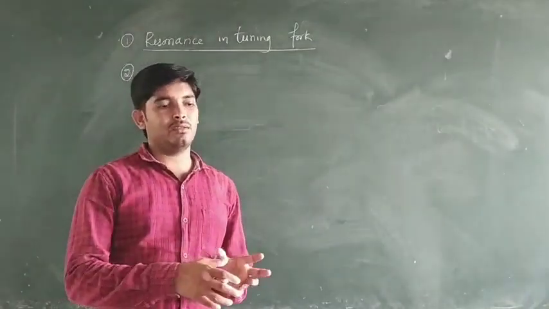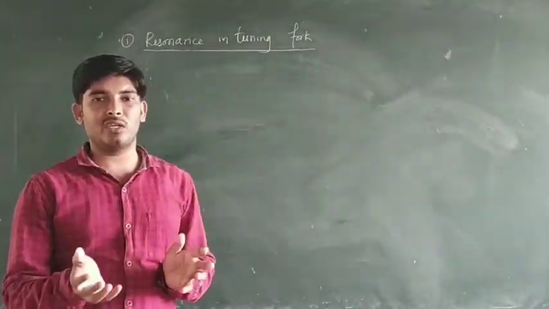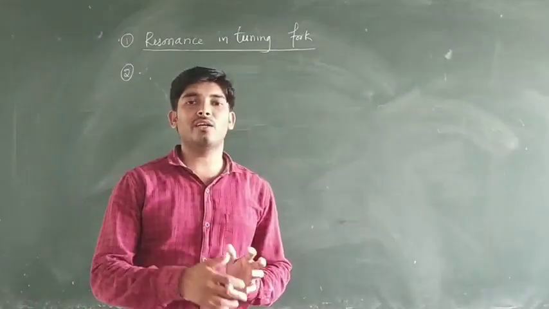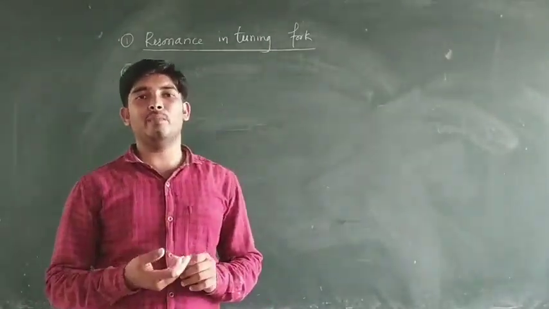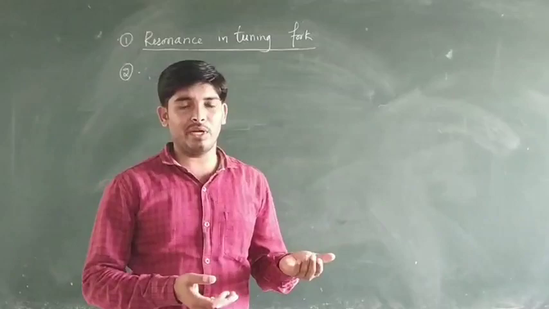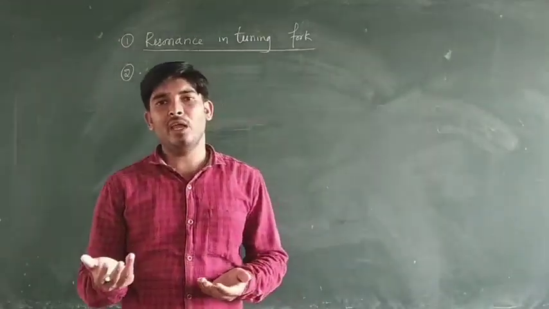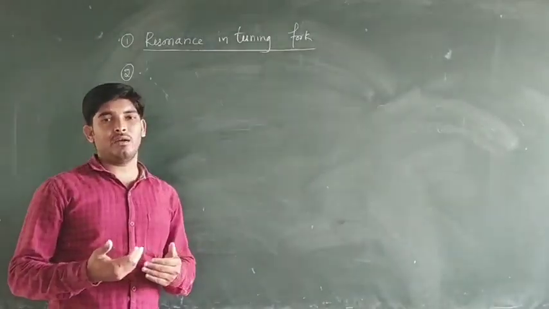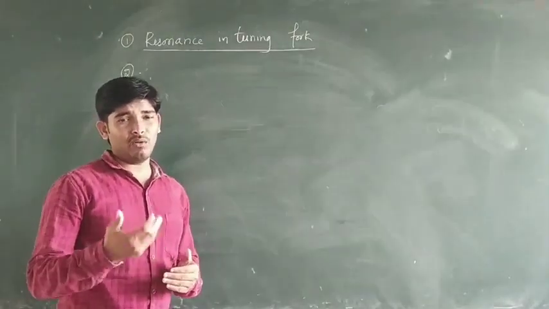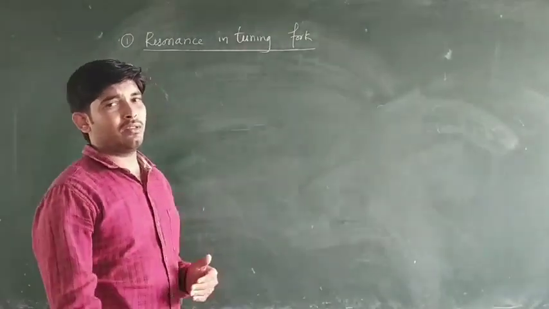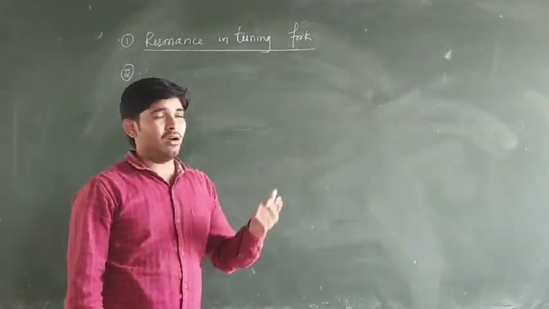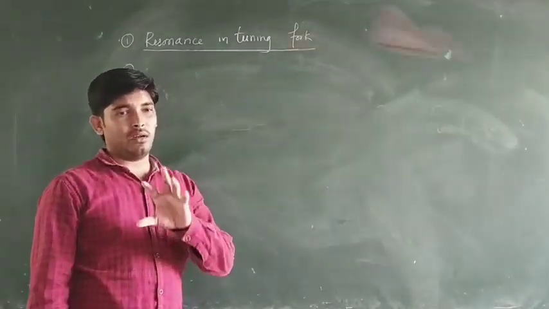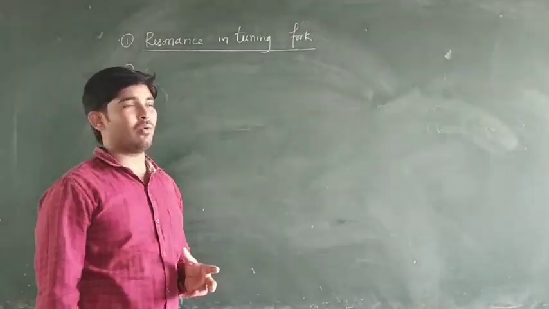Then the air column in that hollow space starts to vibrate with a larger amplitude. When it vibrates with a larger amplitude, obviously it produces a very loud sound. So this is how we get a very loud sound in stringed instruments, in which a hollow space is provided.